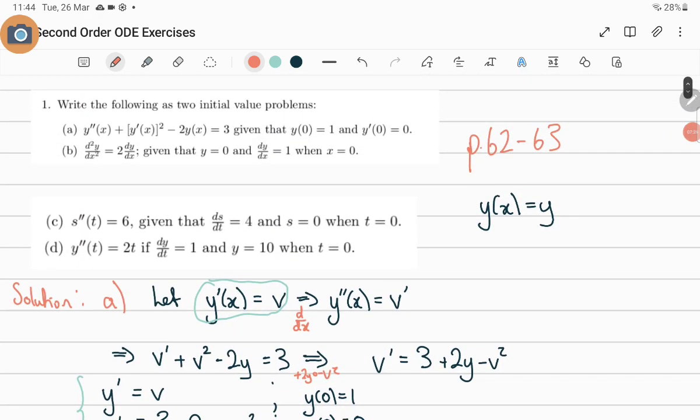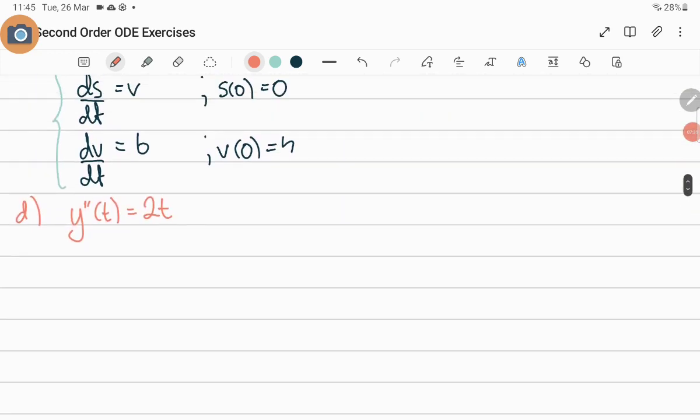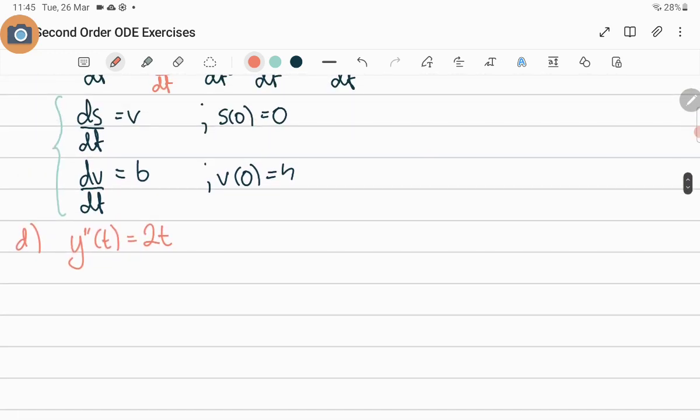Anyway, let's write down the rest of the question. So the second derivative is 2t, and we have dy/dt is equal to 1, and y is equal to 10, and t is equal to 0.